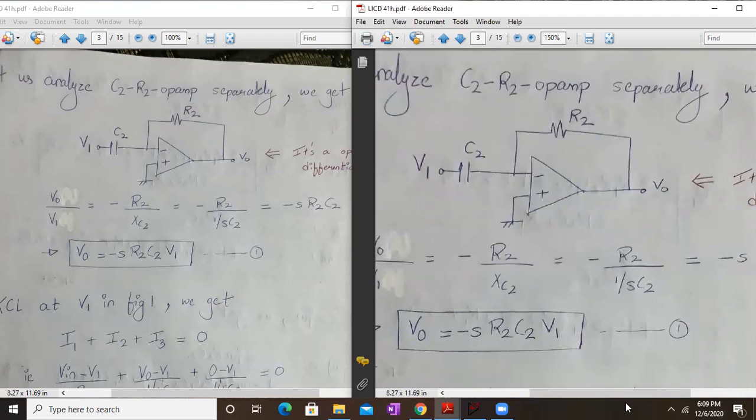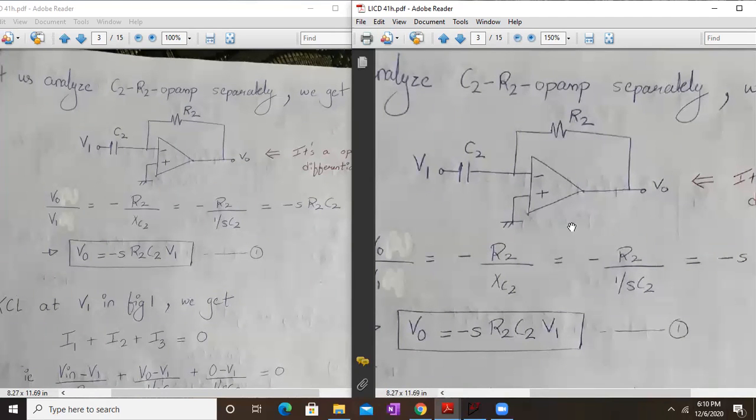R2 is the feedback resistor and C2 is the capacitor which is connected to the input and the inverting terminal of the opamp. So the transfer function VO of S upon V1 of S will be given by minus R2 upon XC2, and XC2 is 1 upon S into C2. So your expression of VO in terms of V1 will be VO equals minus S times R2 C2 into V1. This is equation number 1.